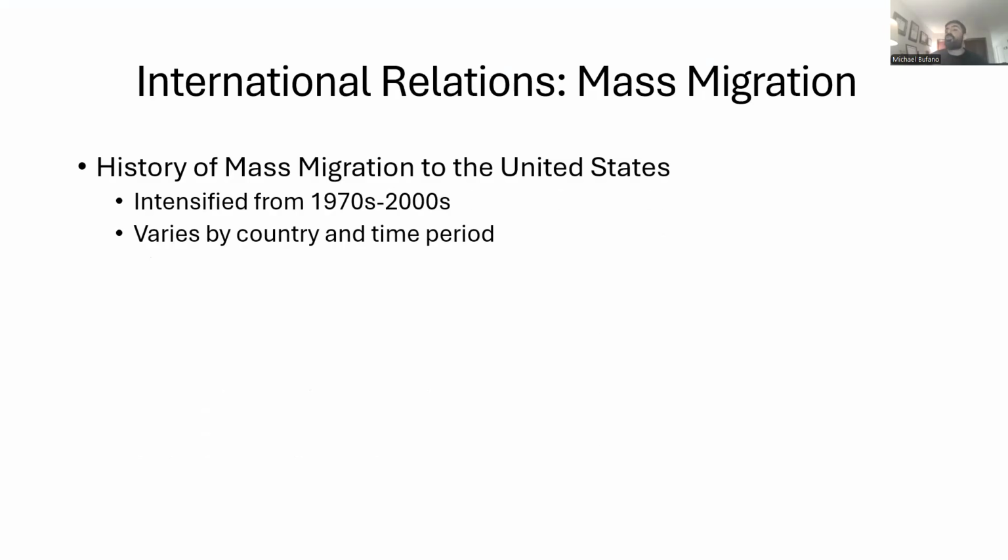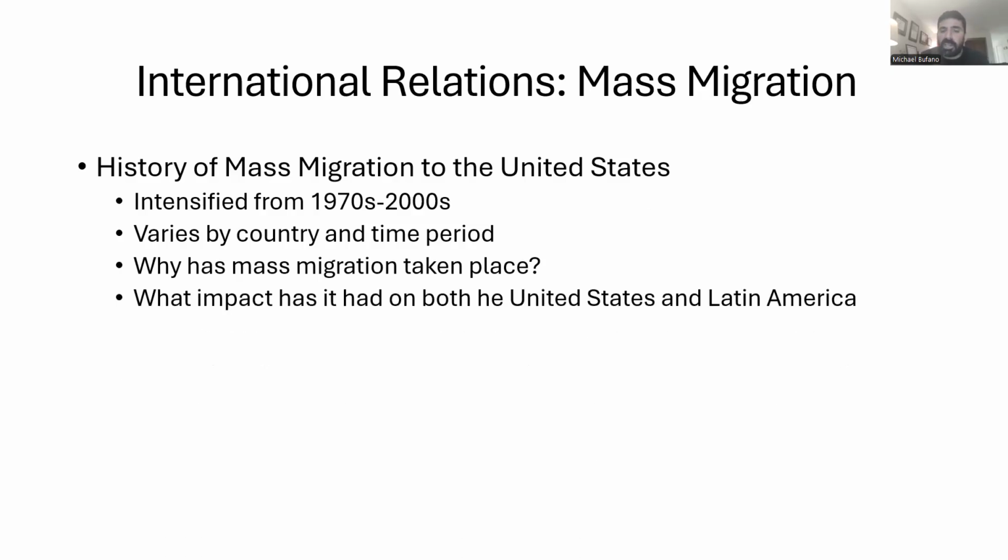Now, this migration does vary from country to country and time period, right? There are different reasons why different countries witness the immigration of migrants from Latin America to the United States. So we'll talk about why these different periods of mass migration happened and what impact they had on both the United States and Latin America.